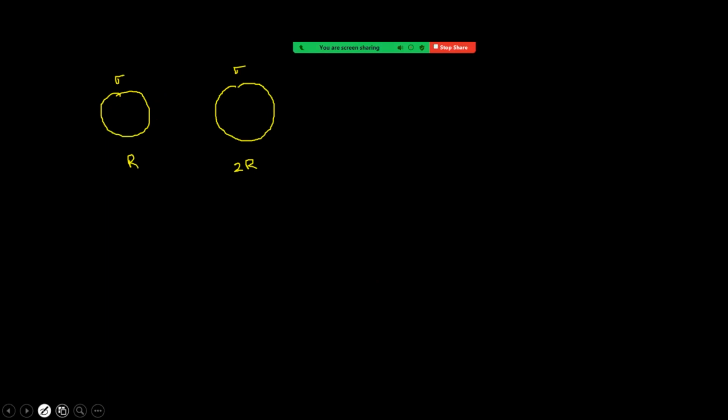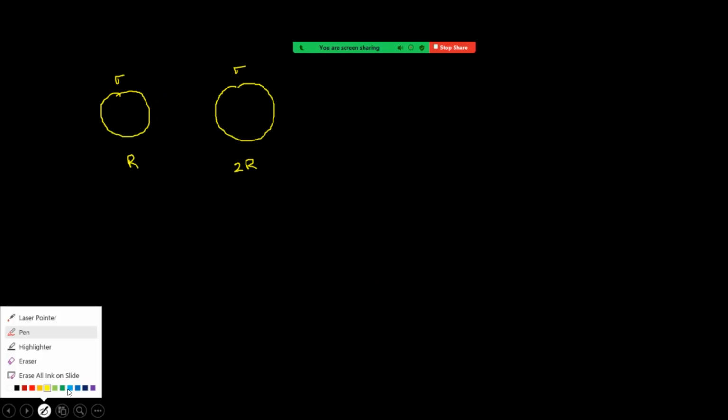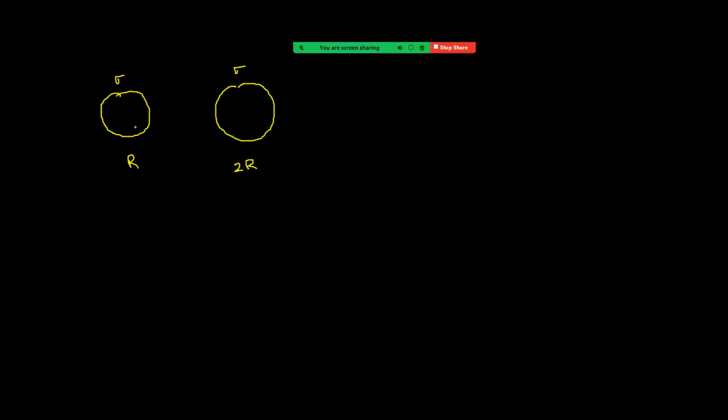Now connecting these two by a thin conducting wire, see what happens. Charge flows from one body to the other body until their potentials are the same.